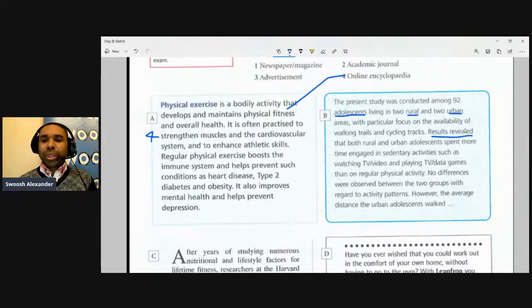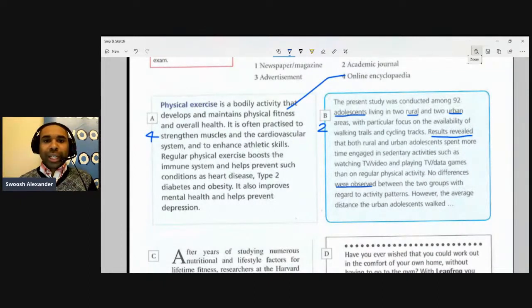Okay, so this sort of language we would expect to find in an academic journal, talking about results, very formal language, and a use of the passive voice as well, were observed. So this is the sort of language you'd expect in an academic journal. So B would be 2.